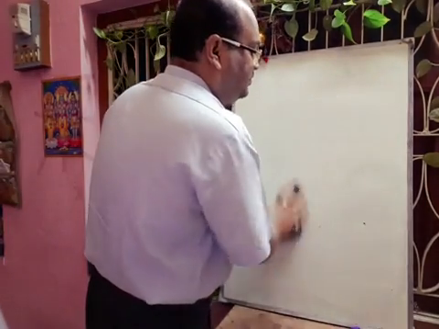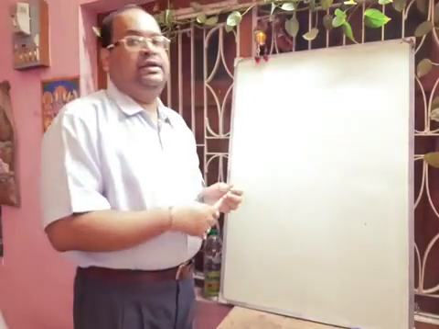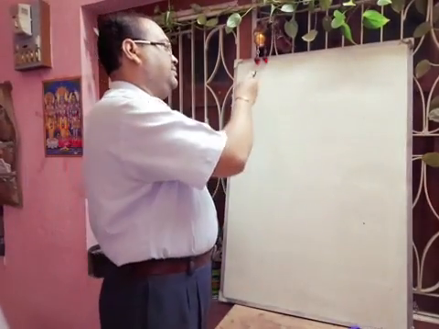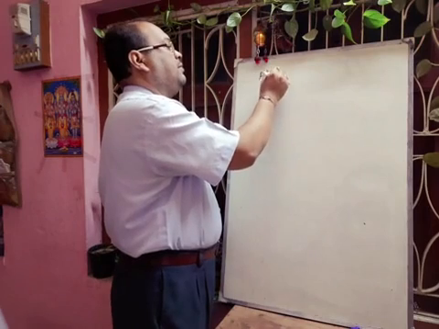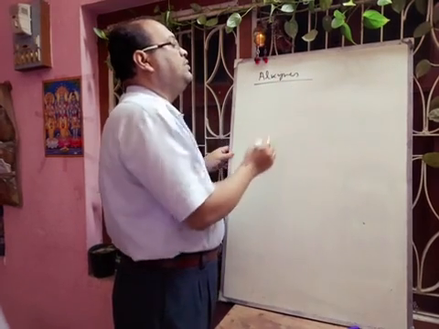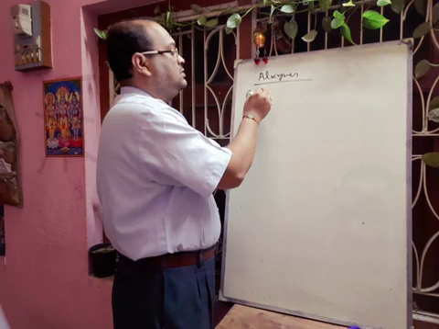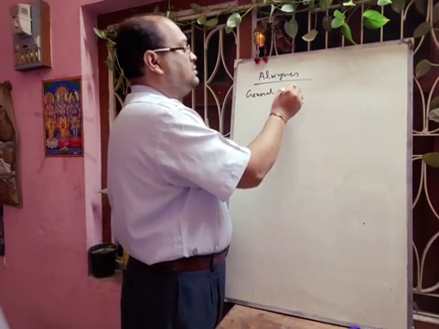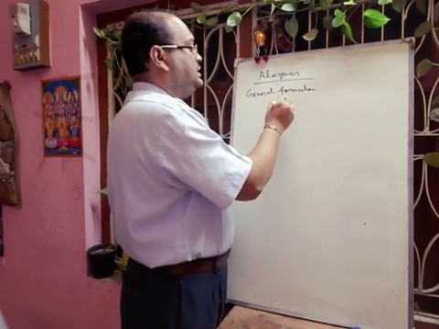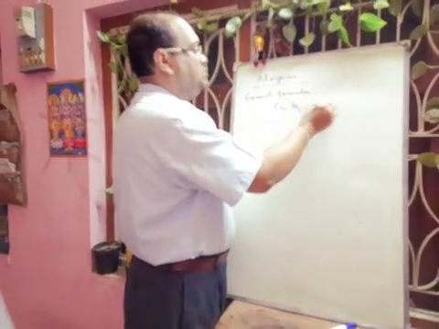Next we will discuss another type of hydrocarbon. Okay, these are alkynes. All of you know the general formula, that is CnH2n minus 2.